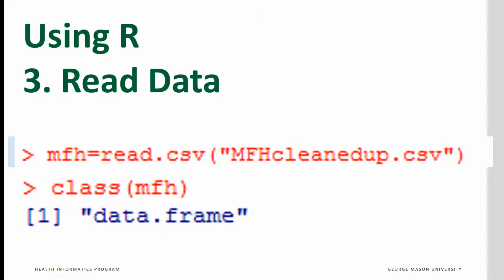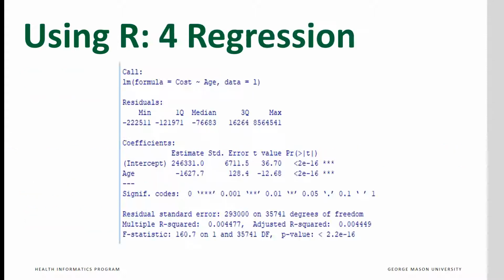We can check the type of the object mfh through using the class() function. Now we know that we have set up a data frame. A data frame has all the data needed for the analysis in a matrix format with headings and related information. We are now set to proceed with the analysis.